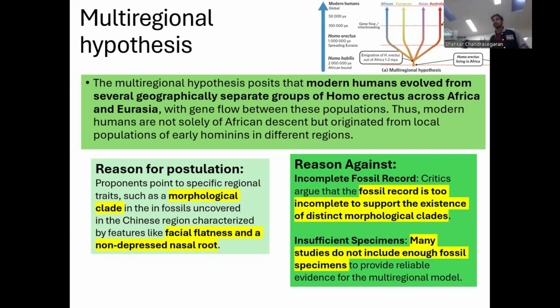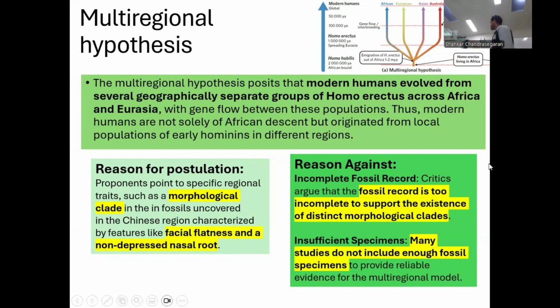And as such, they said that rather than one central Homo sapiens evolving in Africa and then eventually migrating to different regions, it would have happened in different geographical areas, eventually emerging out of a population of Homo erectus.